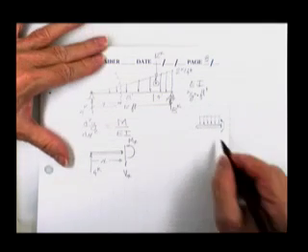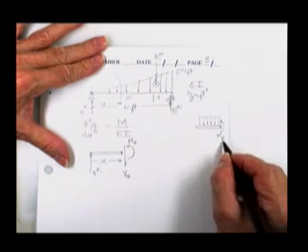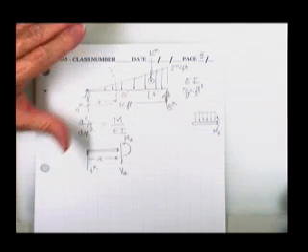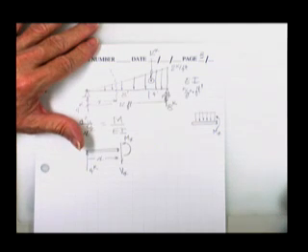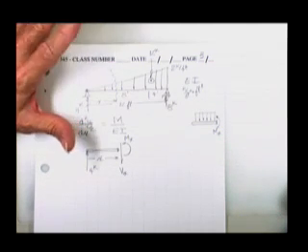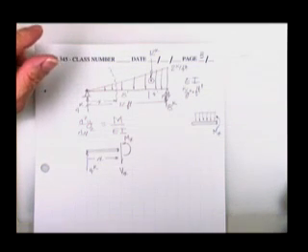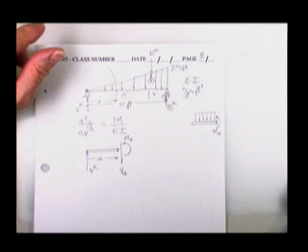But I'm going to always put that moment in the positive direction, such that it causes compression in the top and tension on the bottom. That way, if the moment equation wants to come out minus, that's his problem. And I'll throw the minuses into the equations that we've got here.